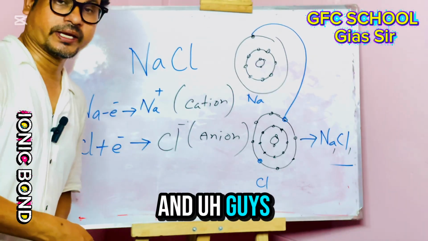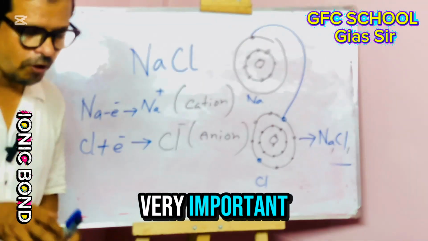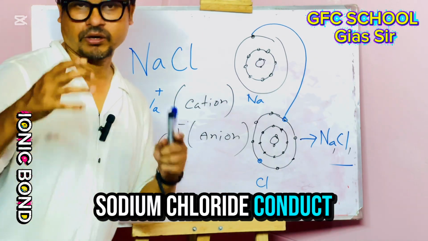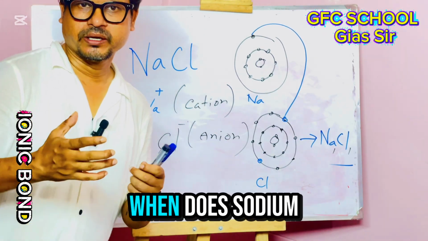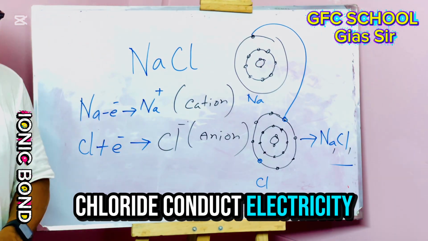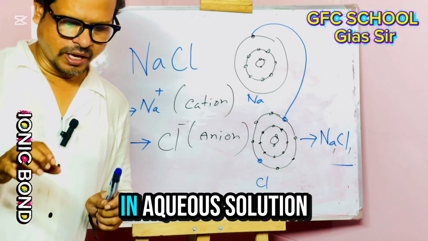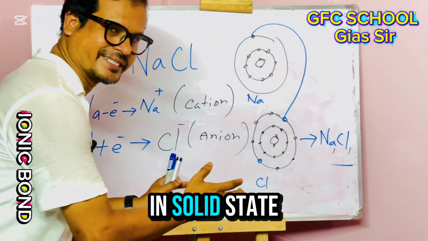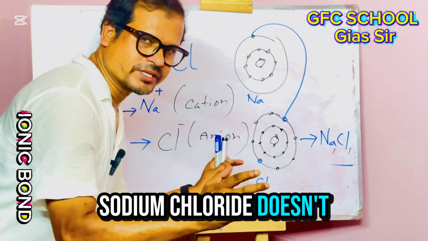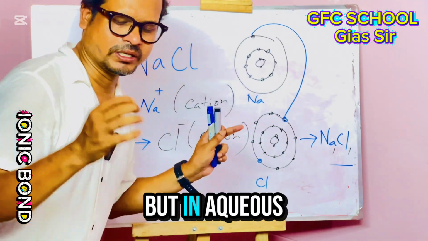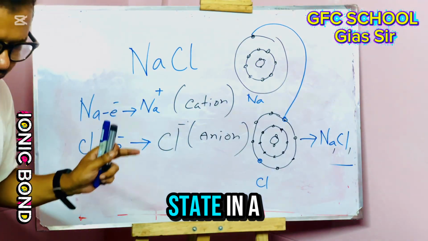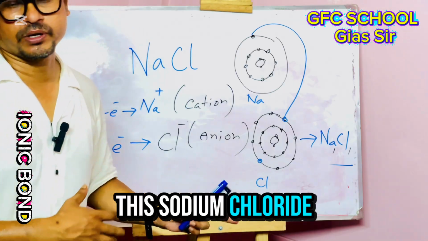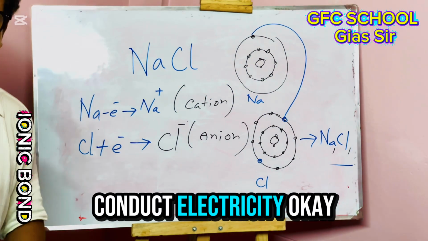And guys, another very important point we have to understand: conducting electricity. Here, sodium chloride conducts electricity. When does sodium chloride conduct electricity? When molten or in aqueous solution, but not in solid state. Guys, in solid state, sodium chloride doesn't conduct electricity, but in aqueous state, or if we melt this sodium chloride, then it will conduct electricity.